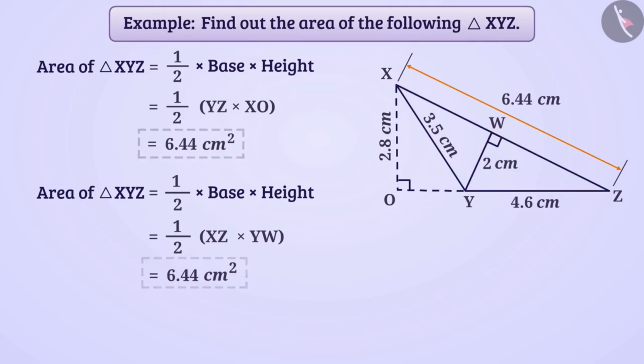Here, in both cases, we have considered different sides as base, and by considering their corresponding perpendicular, we have calculated the area. In both the cases, we have got an equal answer.